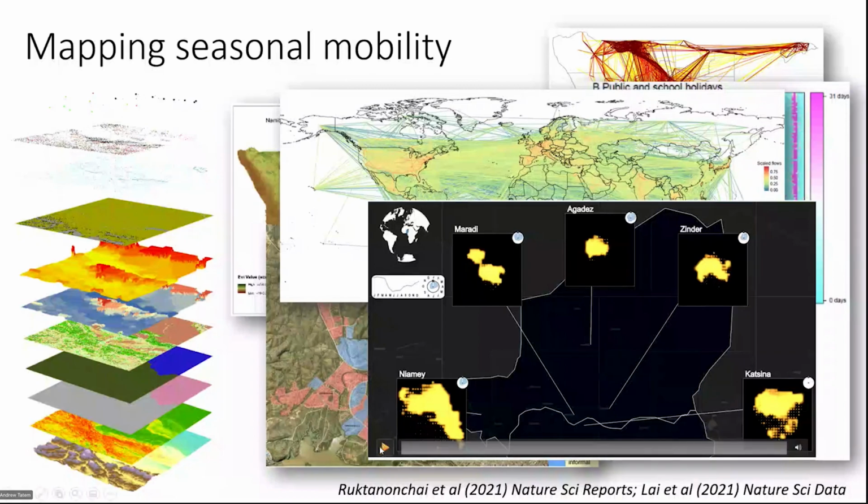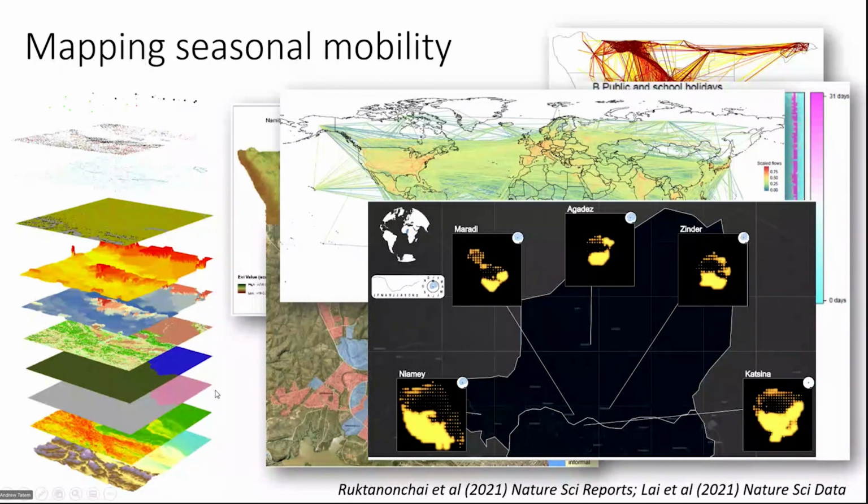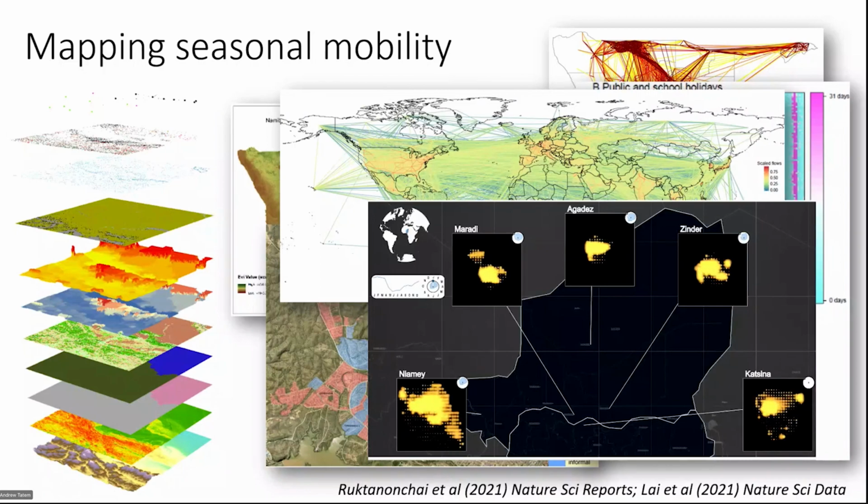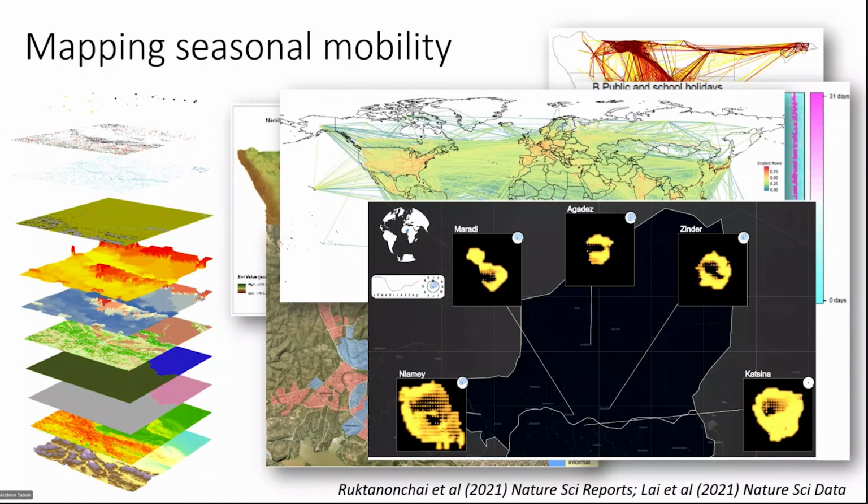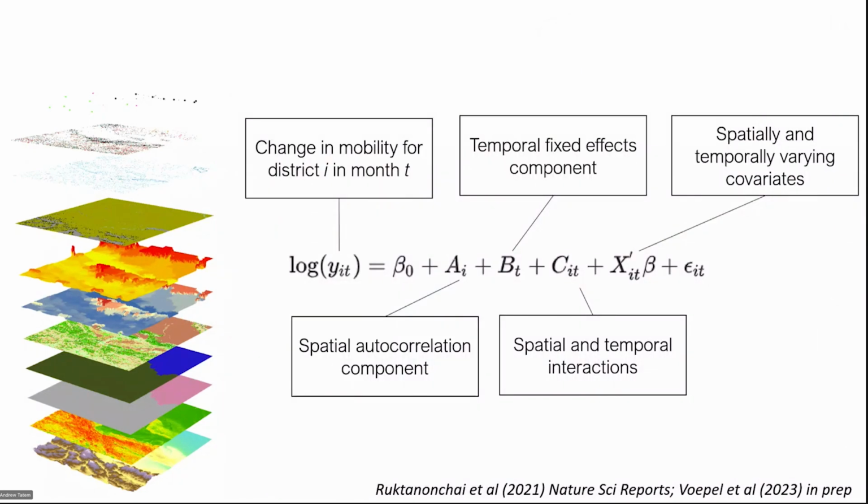And then finally, data sets that do change temporally, things like the night lights, indicate things like the movement of seasonal populations into urban areas, turning on lights, lighting fires. So we bring these all together, again, in a geospatial model to build on the weaknesses and strengths of each, to estimate, in this case, the change in mobility for district i and month t.